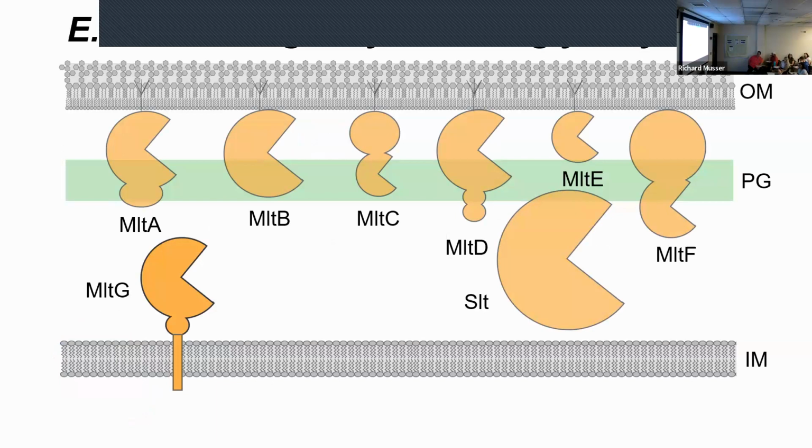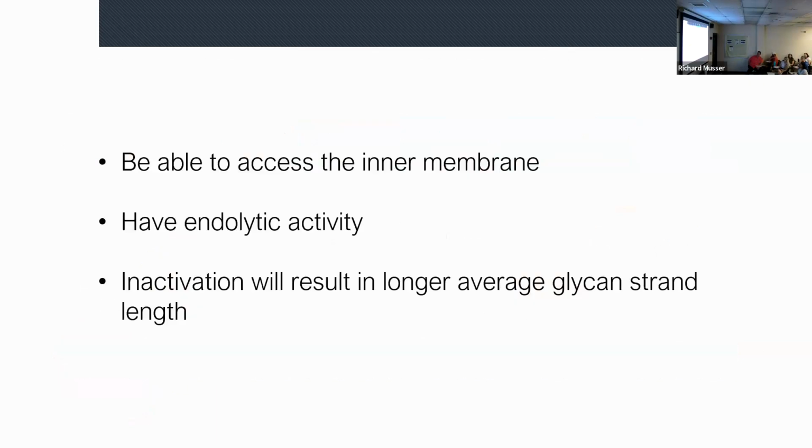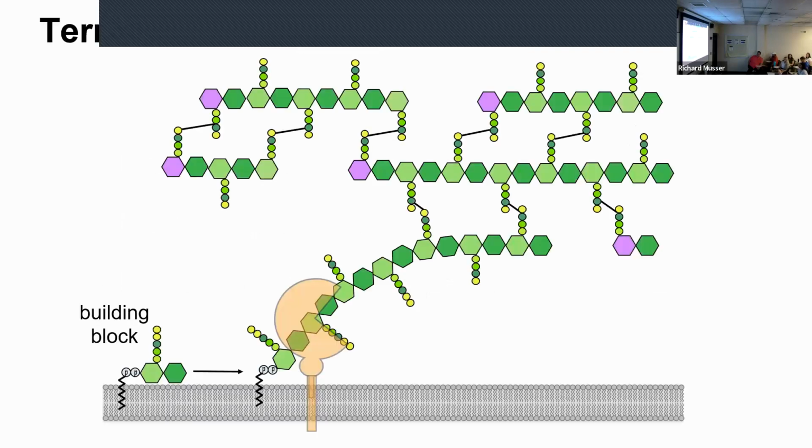And those are, it needs to be able to reach the inner membrane where its substrate is located. It needs to have endolytic activity because it has to cleave within the nascent chain. And it would be expected that inactivation of what ends glycan strand synthesis will result in longer strands being synthesized. So the terminase must access the inner membrane. That nascent strand is anchored into the inner membrane.